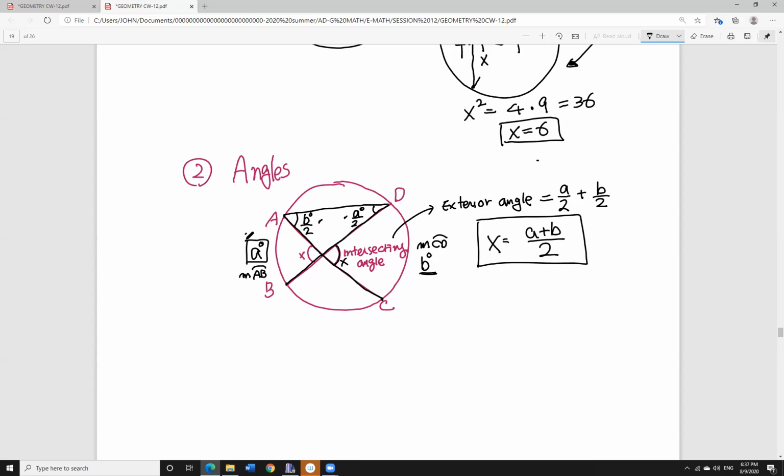When you have two center angles, A and B, the intersecting angle is the sum of the center angles divided by 2, which is the average of these two angles, right? Average of the center angles. Very simple.